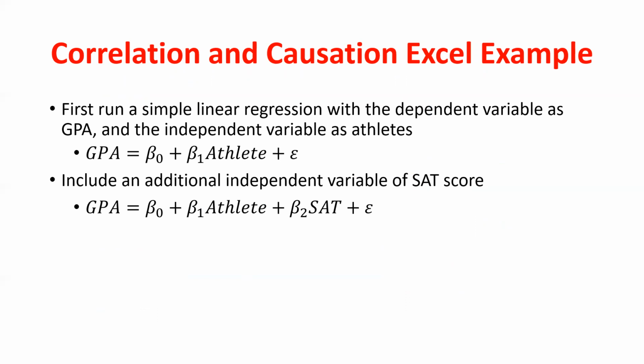I have what their GPA is, whether or not they're an athlete, what their SAT score was, all this other information. So if I just run the regression of GPA on athlete, I'm going to take a look at that coefficient. If I then do the same thing, but I now control for the SAT score of the student, now what happens to the estimate that I have, okay?